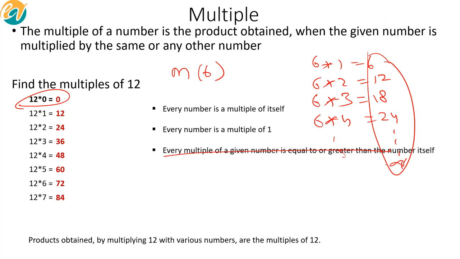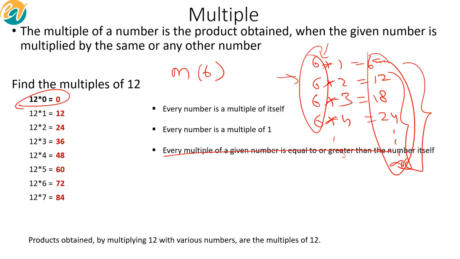So this comprises the entire multiple list of the number 6. And if you look at it, every multiple of 6 in this case is equal to or greater than the number 6 itself.